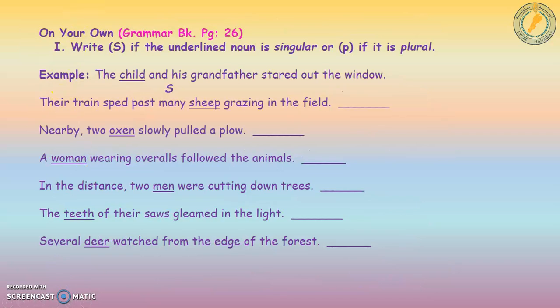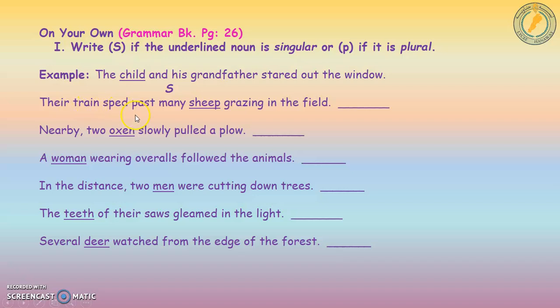Now let's move to page 26 in the grammar booklet, exercise 1. Write S if the underlined noun is singular or P if it's plural. For example, the child and his grandfather stared out the window. Child. It is singular, yes.